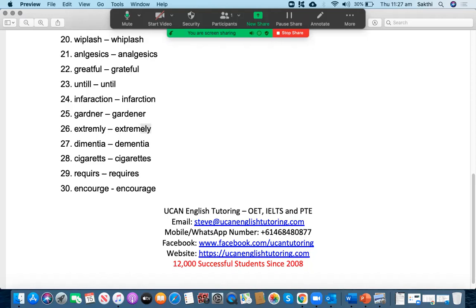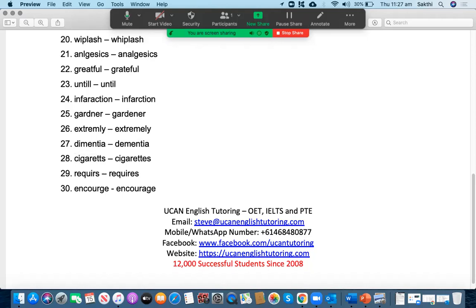Extremely has got 3 E's. If you have written down the spelling with only 2 E's, that's wrong. It must be EXTREMELY. Dementia. DIMENTIA is incorrect. It has got an incorrect spelling. So dementia has got the correct spelling, which is DEMENTIA. And then cigarettes.